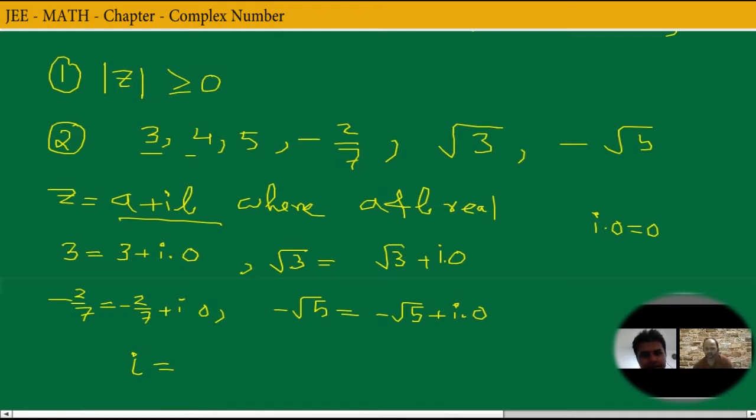That is called the standard form. We can't just write a alone, so standard form is this, so that we can compare with this.